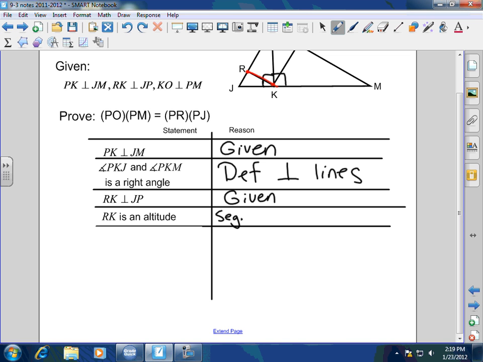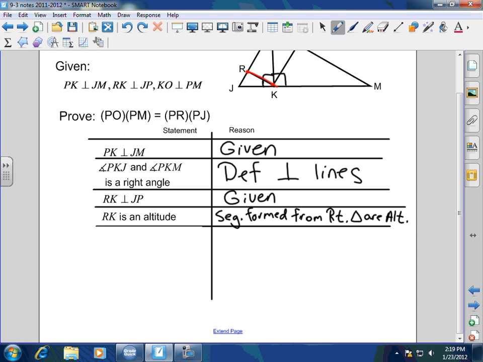Segments formed from right triangles are altitudes. It's stated in Theorem 68. You got a segment coming from a right angle, that segment is an altitude. That's just the way it is. That's just the law.